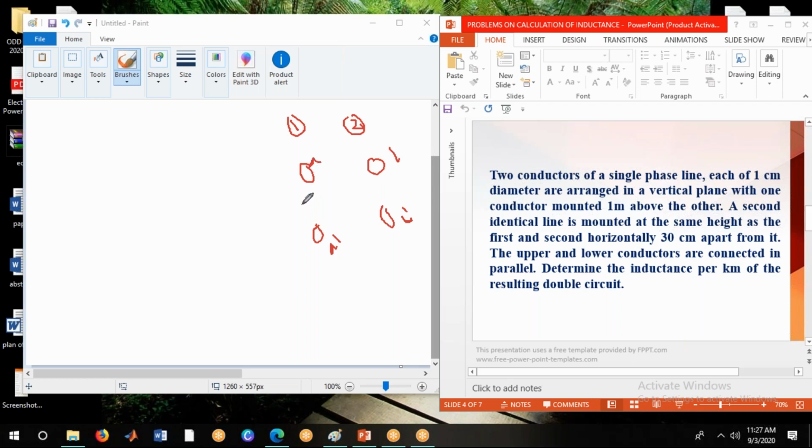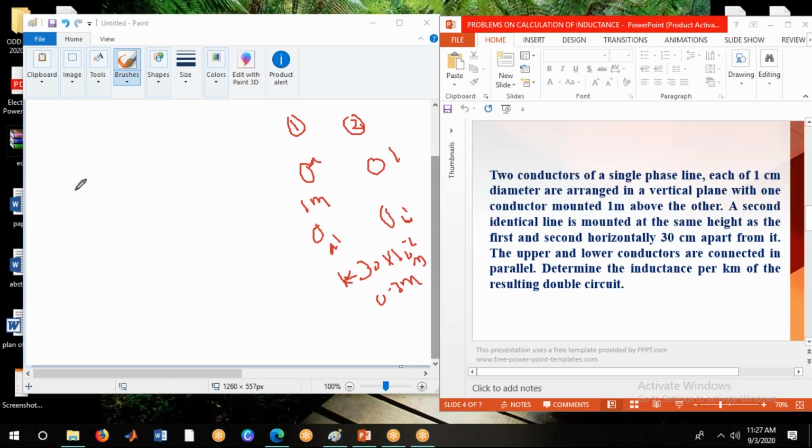The distance between A and A dash is 1 meter. The distance between these two conductors is 30 centimeter. So you can write 0.3 meter.